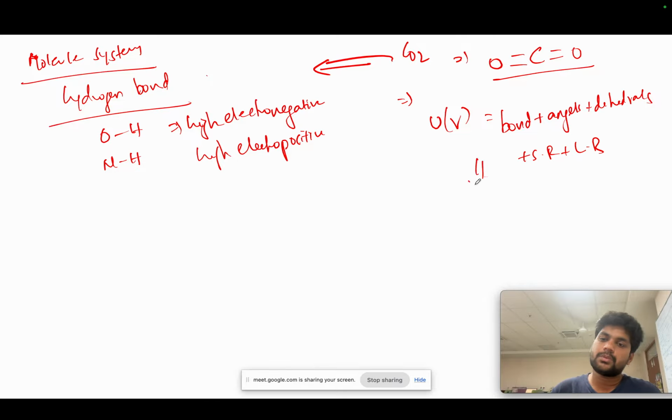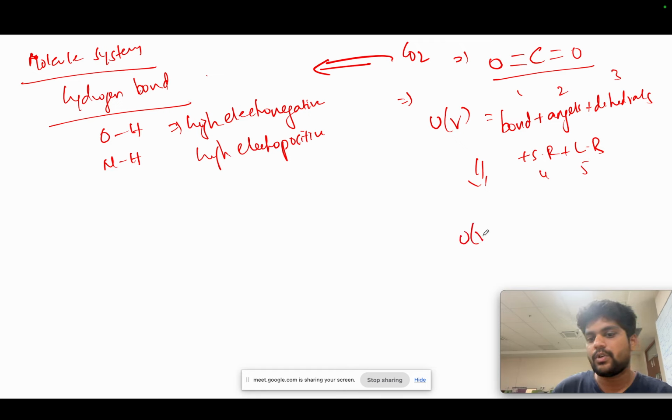So now tell me which properties will be involved here. Dihedral bond will be there. Sorry, your voice is breaking. If I am talking about only one molecule, which one to pick? This is 1, 2, 3, 4, 5.